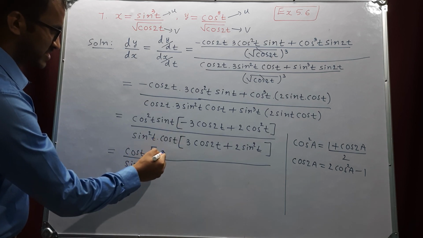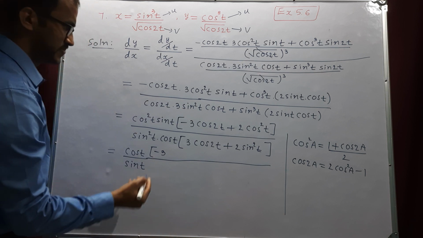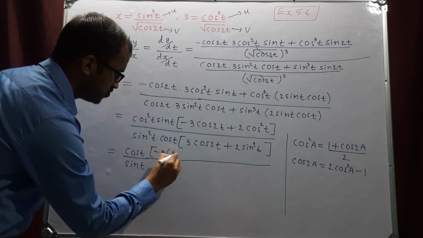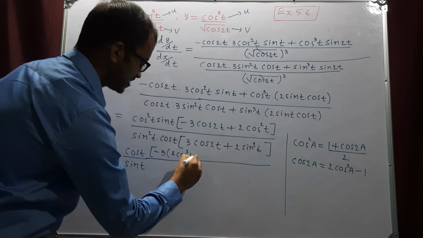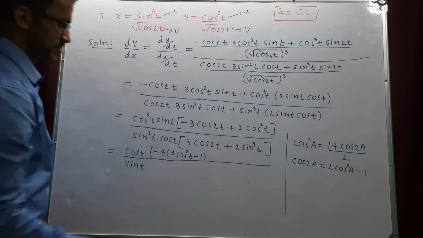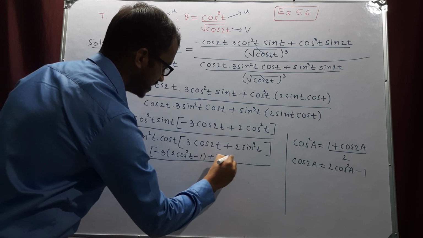So here minus 3 cos 2t can be written as 2 cos square t minus 1 plus 2 cos square t.